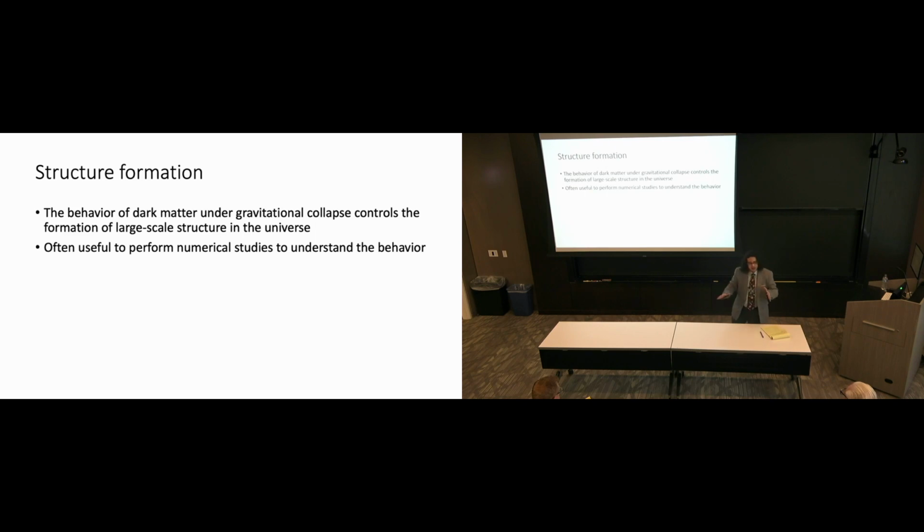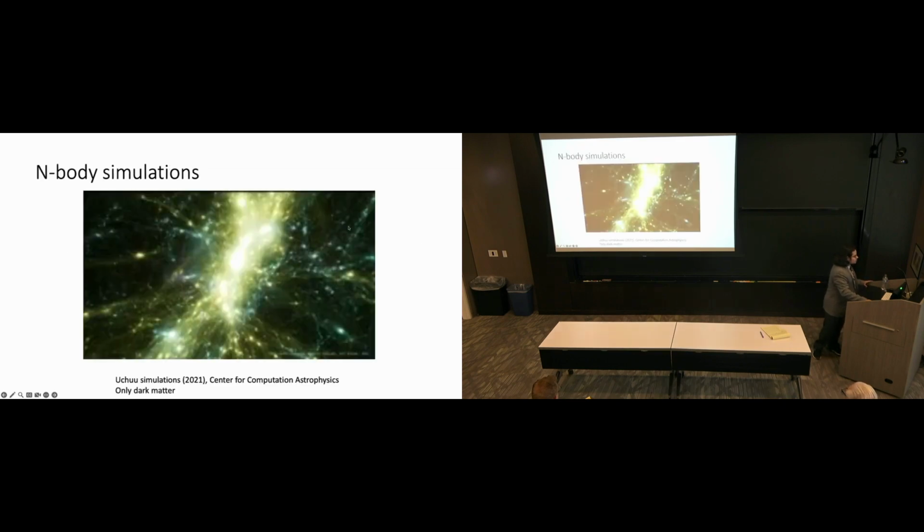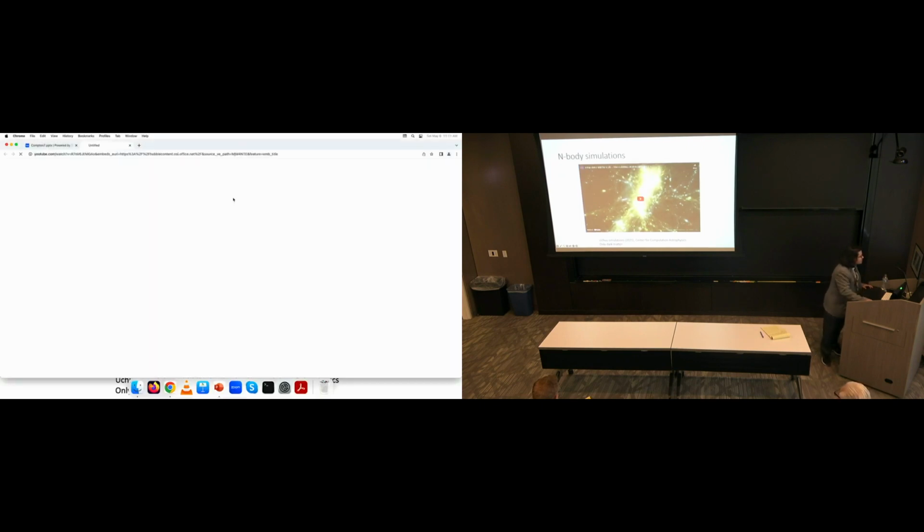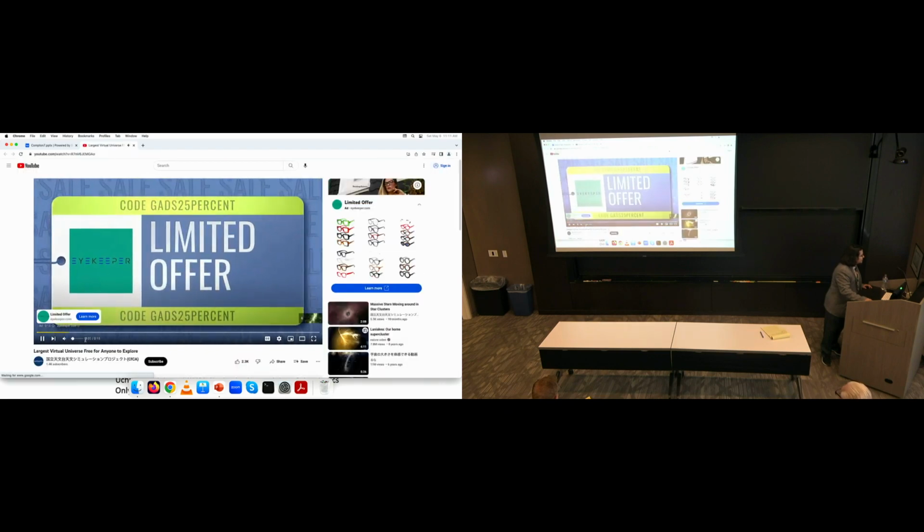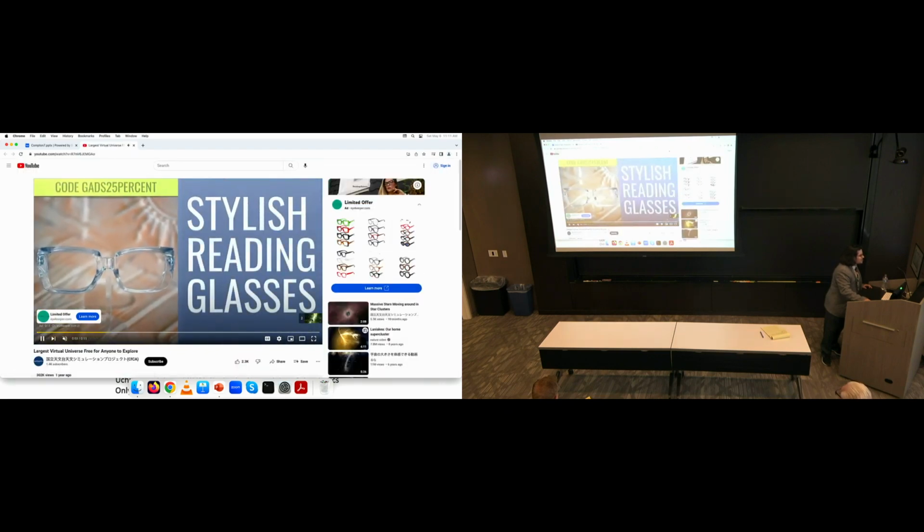There's a lot that we can understand analytically, but often we need to numerically solve, to put the system on a computer to see what really happens. And this is an important feature especially for theories of large-scale structure. Although we do understand a lot analytically, it is useful to run simulations.